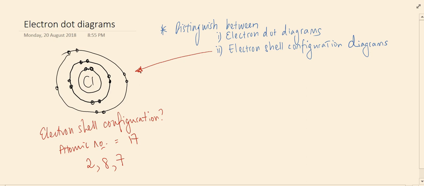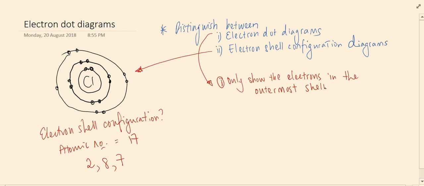Now the difference between the electron dot diagrams and the electron shell configuration diagrams is that the electron dot diagrams firstly only show the electrons in the outermost shell, or the valence shell.